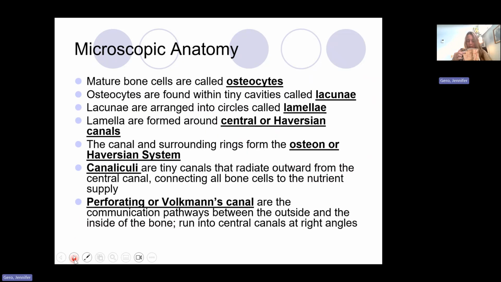So we're going to be looking at the microscopic aspect of bone when it comes to osteons, which hopefully you can see right here. Okay. So when it comes to an osteon, all right, there are mature bone cells spread around that are called osteocytes. And basically, they live around a town center that's called the Haversian Canal. Inside the Haversian Canal, so that would be here, there's going to be a central blood supply.